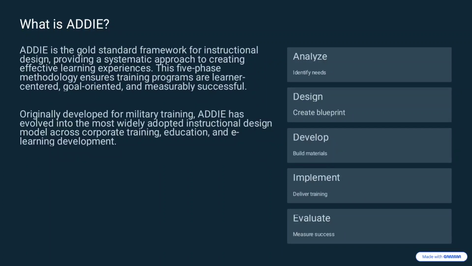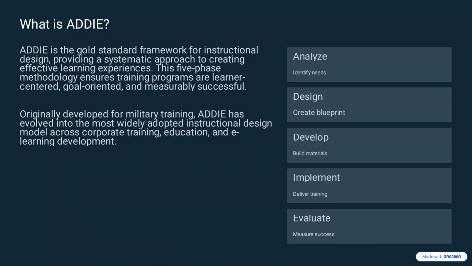Originally developed for military training, the ADDIE model has evolved into the most widely adopted instructional design model across corporate training, education, and e-learning development. This ADDIE instructional design model includes the following five phases.